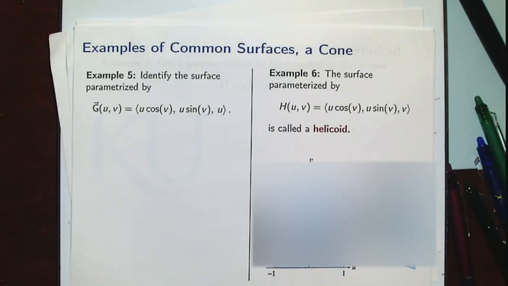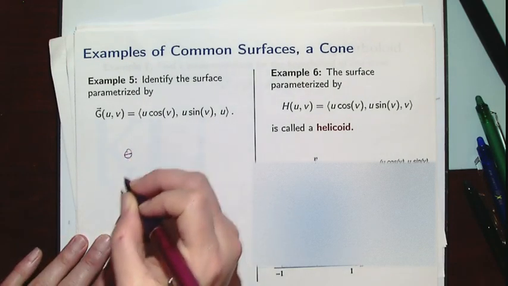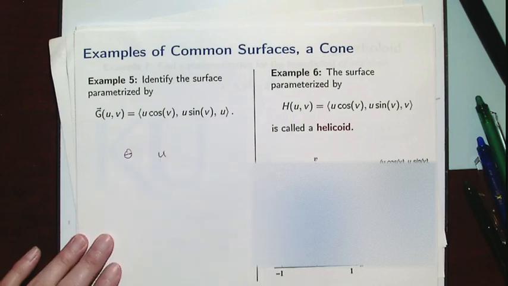Now, my friends, a parametrization is given to you, correct? I want to know what surface that is. What I do is the same thing that we did with curves: I eliminate the parameters. What are the parameters here? Theta and u, correct?